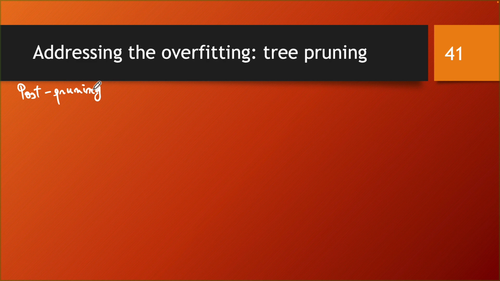And so if a large subtree only contributes a small drop in the overall impurity drop, or in fact more often it's being discussed in terms of training error, so if this large subtree only contributes a small drop in the overall training error, maybe it could be replaced with a leaf node.